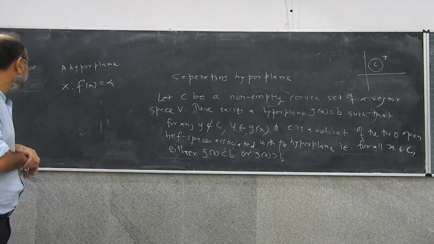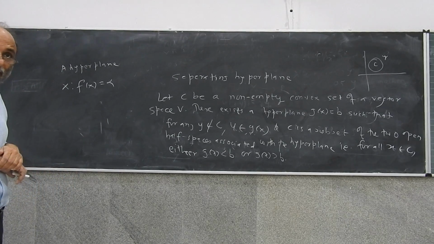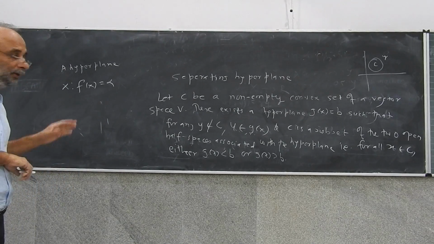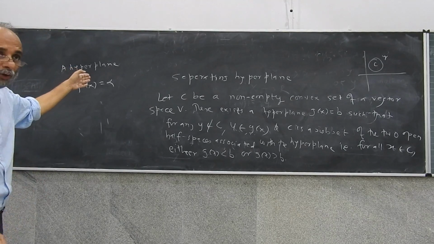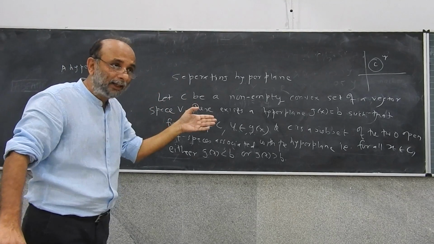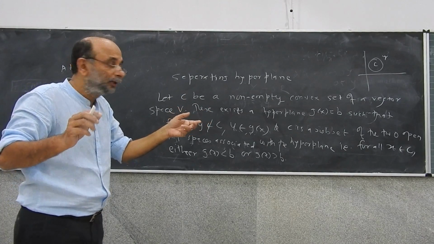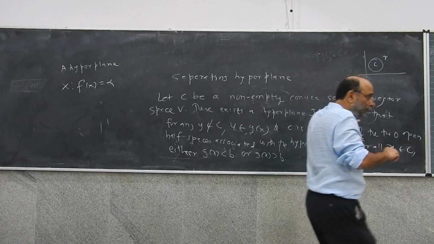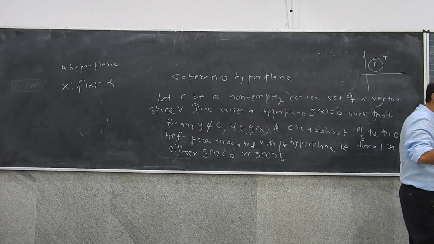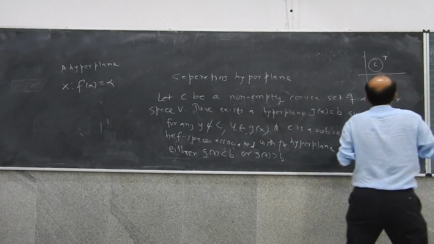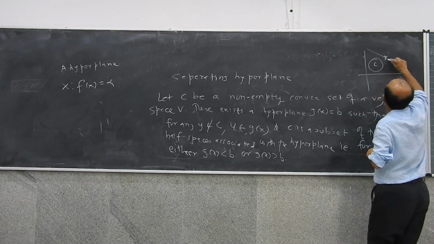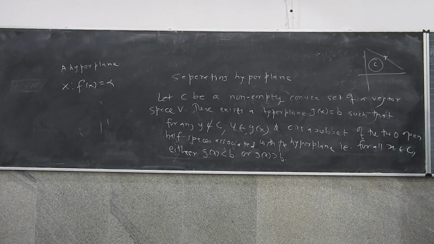So everybody understands what a hyperplane is? The set of all points x such that f of x is equal to alpha. So y belongs to that hyperplane. A hyperplane is a set. Okay, so there exists a hyperplane to which y belongs, and then this hyperplane gives you two half spaces, and C belongs either to this or to this.